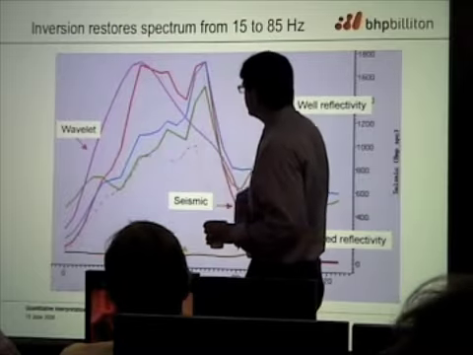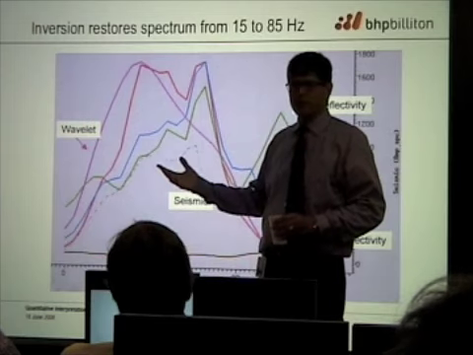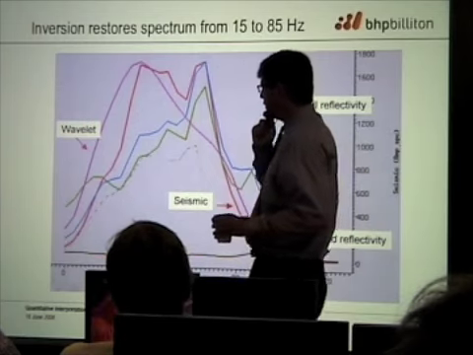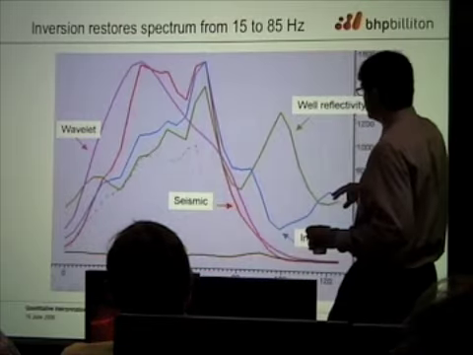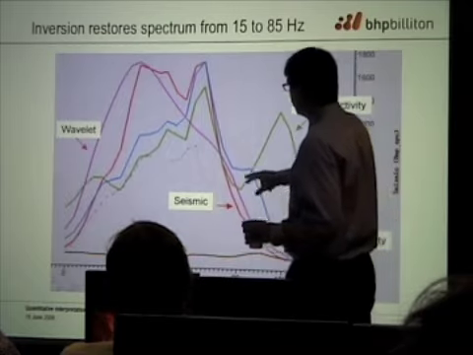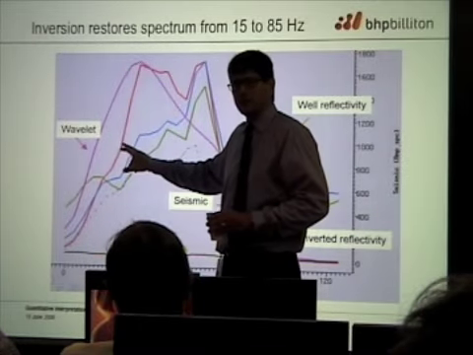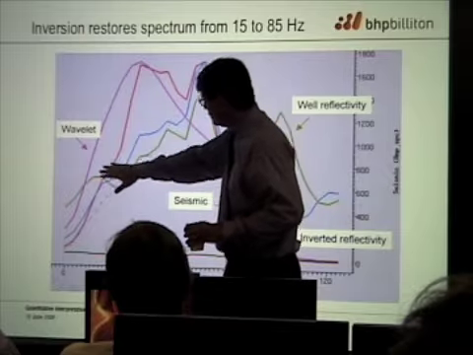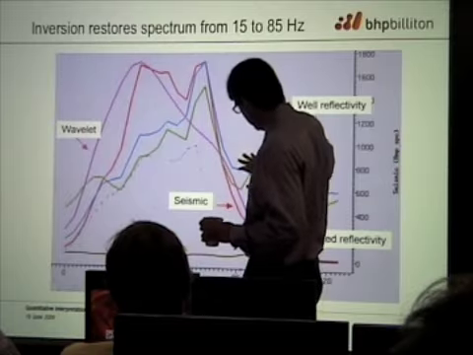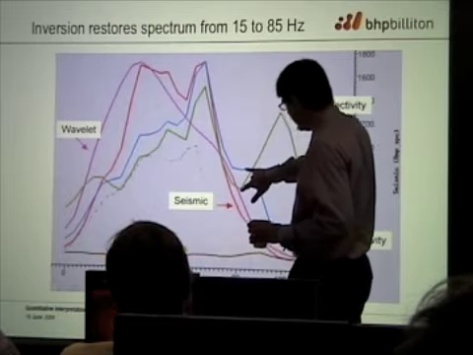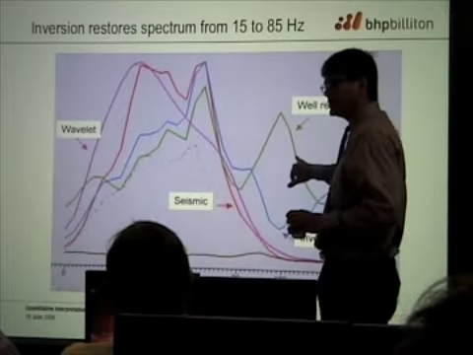And boy, look, it has more low frequencies than the well. Well, why would we do anything? Because if we do the spike inversion, we get the blue, which reduces the low frequencies, right? But I think most of you know that the blue line follows the green line, which is what the well looks like, out to about 80 hertz, at which point the well reflectivity continues to go up.